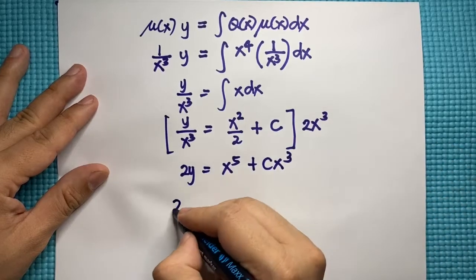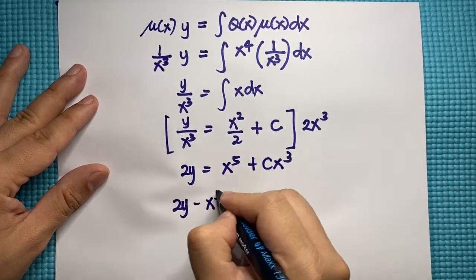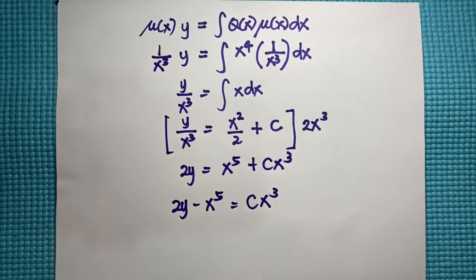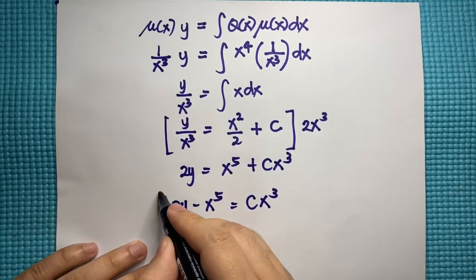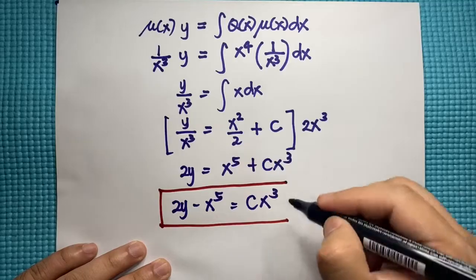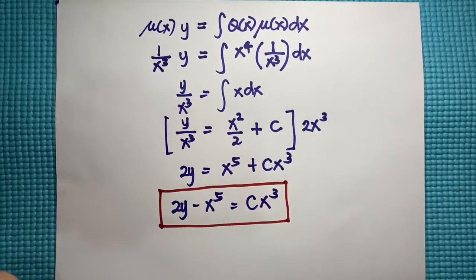Or we could have it as 2y minus x to the 5th is equal to c x cubed. So our general solution would be 2y minus x to the 5th equals c times x cubed. That would be the solution of our first example.